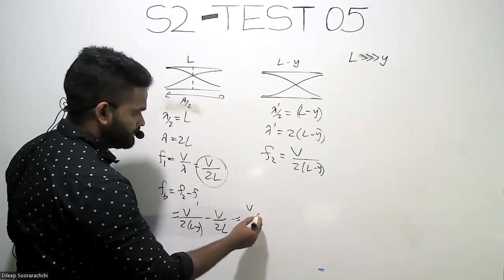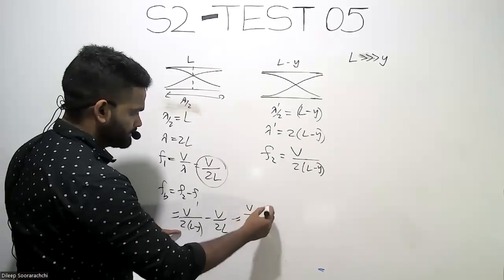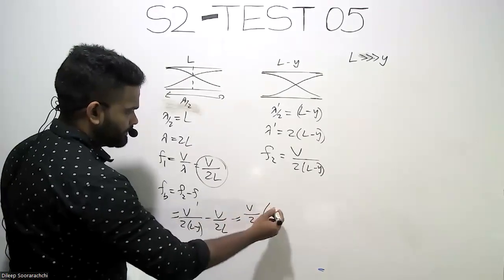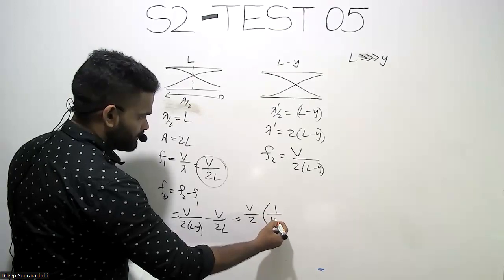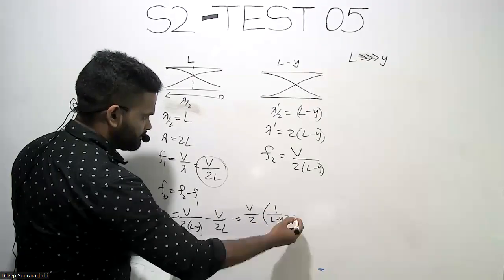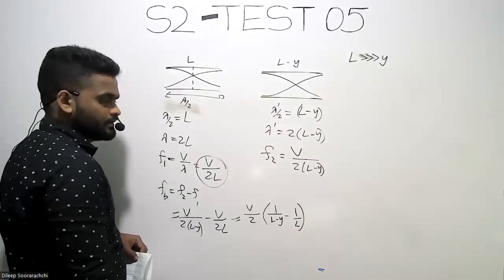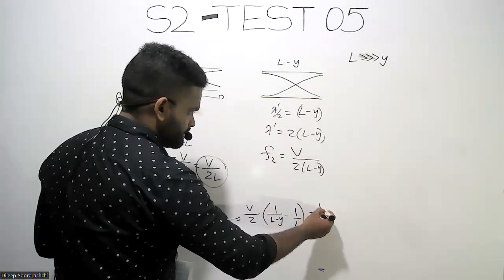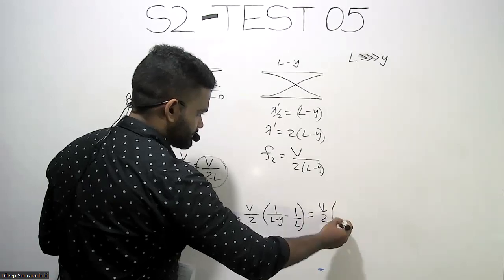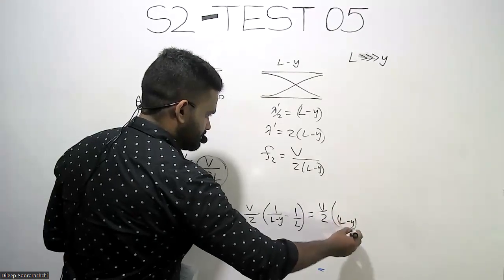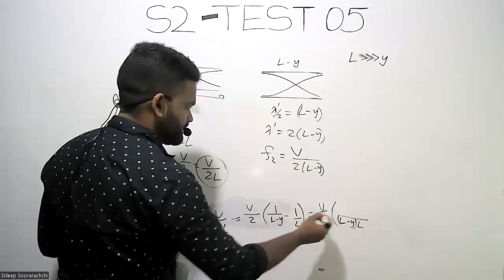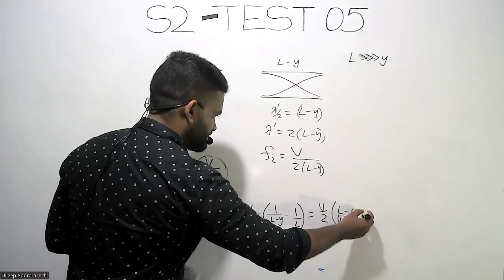I'll take v divided by 2 out from each. What is remaining is 1 divided by (L minus y) minus 1 divided by capital L. That is v over 2 times [L minus (L minus y)] divided by (L minus y) times L. Get the common denominator.